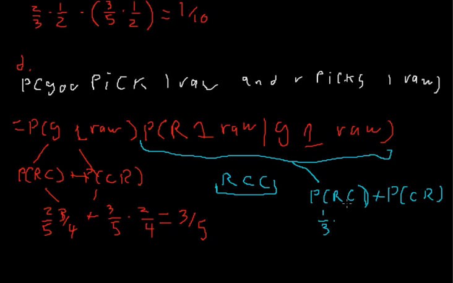So this is equal to 2/3. Sorry, that should be 2/3, because I added up 1/3 plus 1/3. So it's 2/3 times 3/5, and that is now 2/5, which is the answer that we got.